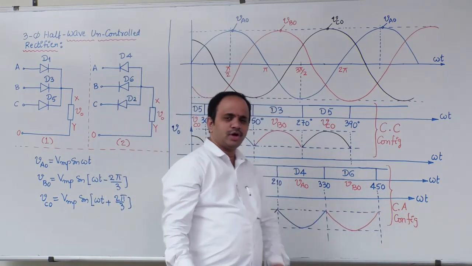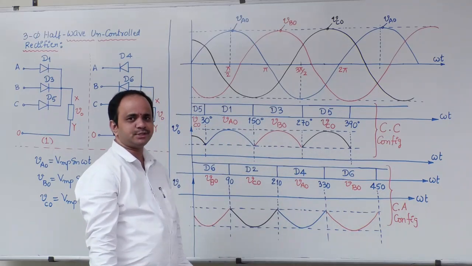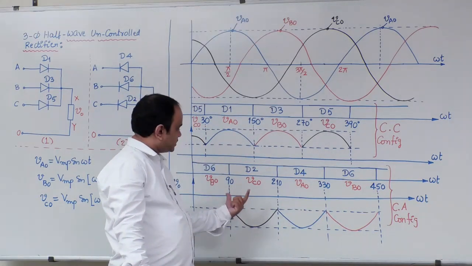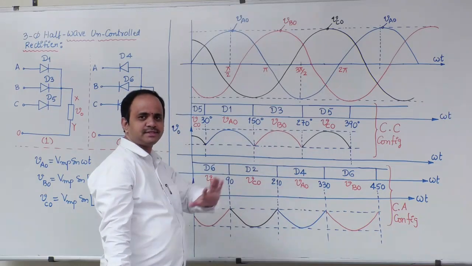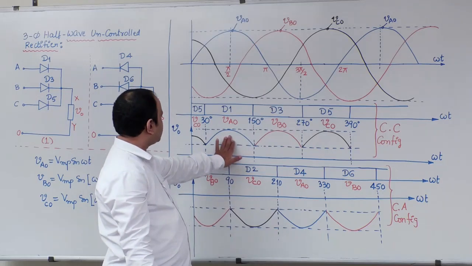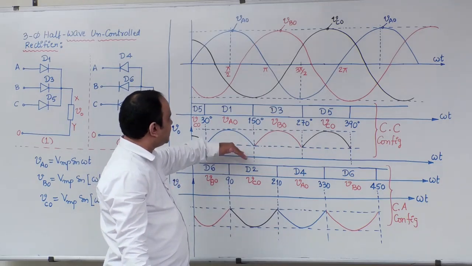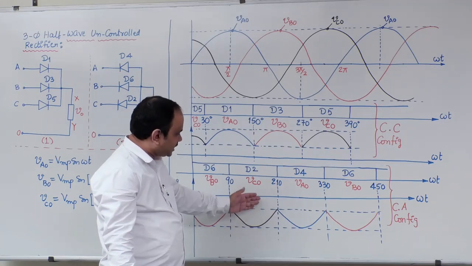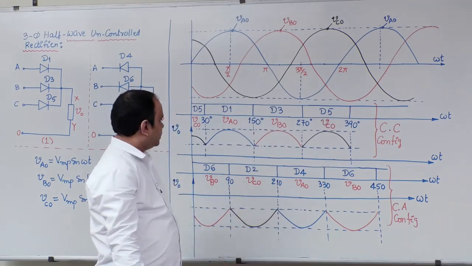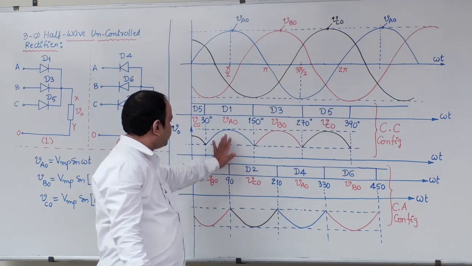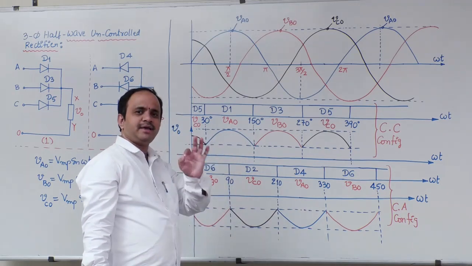You have to consider a 360-degree span, and each pulse duration is 120 degrees. Those are the similarities. What is the difference? This V0 waveform is completely above the x-axis. This V0 waveform is completely below the x-axis. Therefore, if you calculate the area under these two waveforms, you will get the same area.